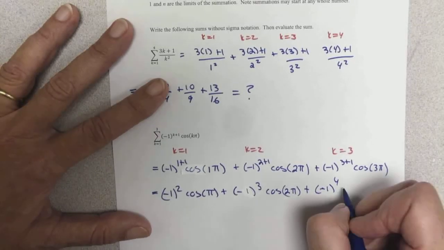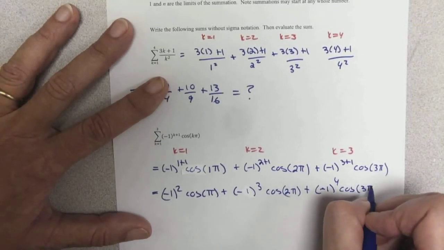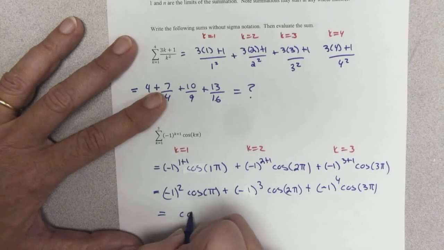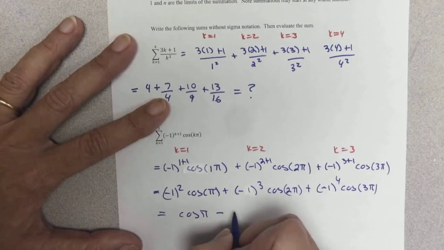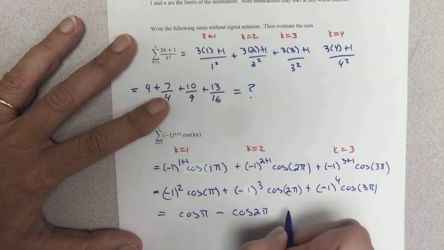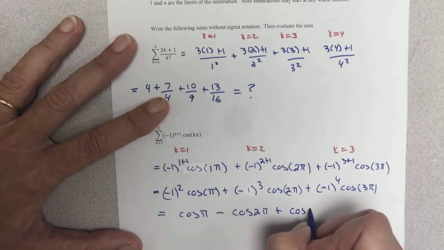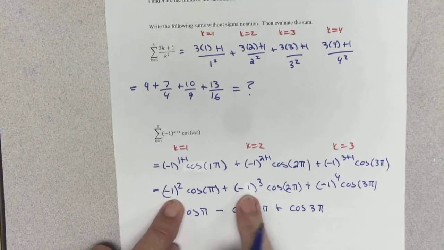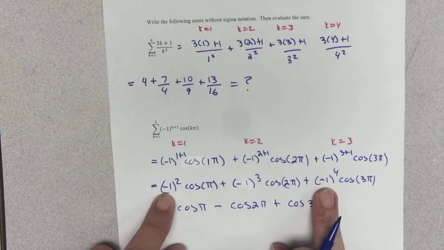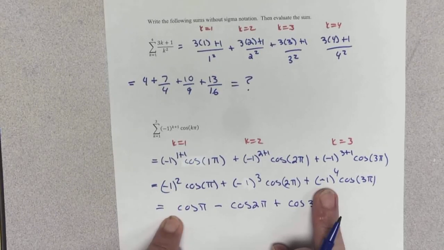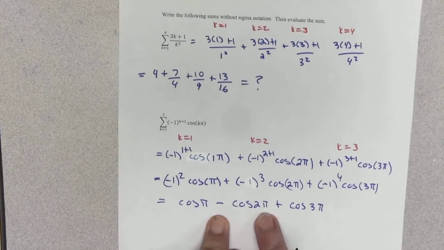Negative 1 to the 4th cosine 3 pi. And so that's going to be cosine pi minus cosine 2 pi plus cosine 3 pi. That's just taking care of the negative 1 to each exponent. Negative 1 squared is positive, so positive 1. Negative 1 cubed, negative. Negative 1 to the 4th, positive.